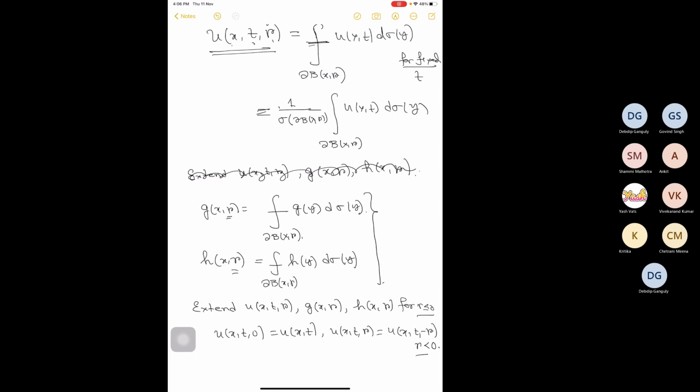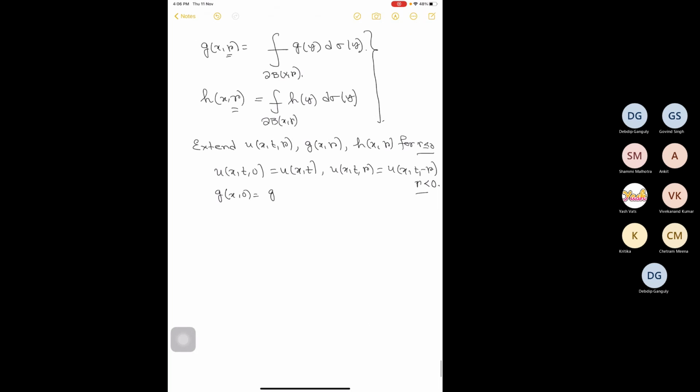You know how U(x,t) is defined for r positive, right? Now when r is negative, just take minus r. Then minus r is positive, so you can define it this way. Similarly, you do this for G(x,0) as g(x), and G(x,r) as G(x,-r). You extend the function evenly. And H(x,0) as h(x), and H(x,r) is H(x,-r). So the extension is done, right?